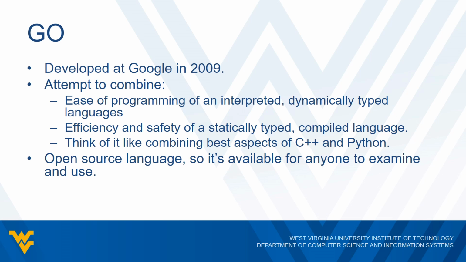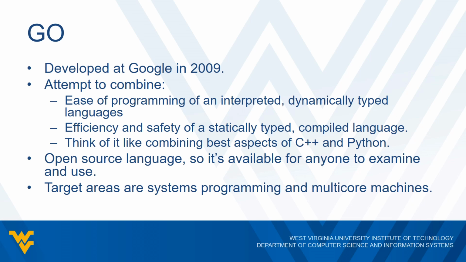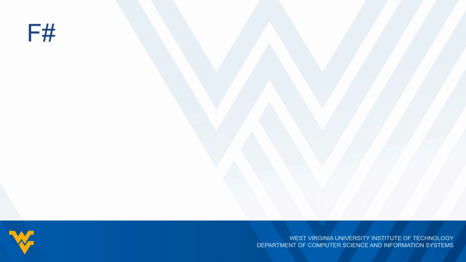Now, Go is an open source language, so the source code is available for anyone to examine and use, and changes or additions can also be proposed. It's also noted that the target areas for this language are systems programming and programming for multi-core machines. So Go is actually in use to support several Google internal projects.